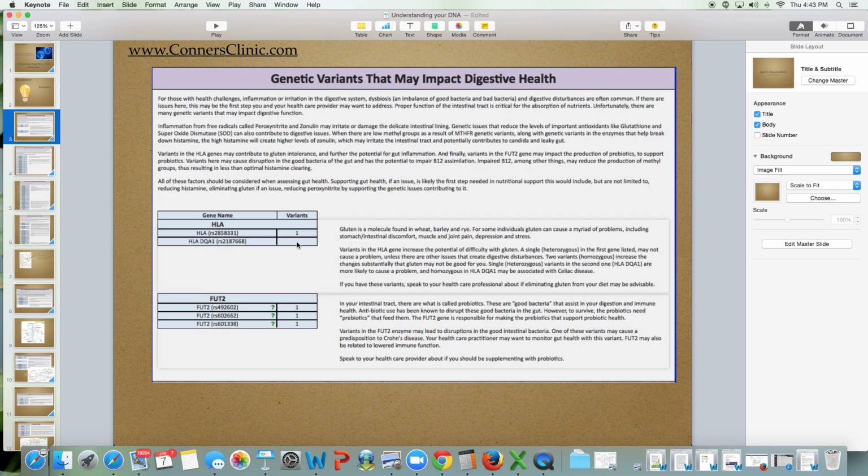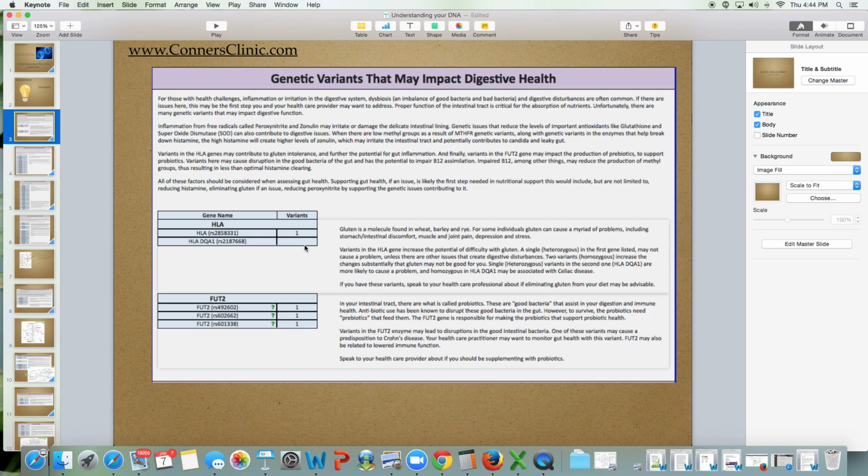So that would mean that this person inherited a normal, what's called a wild gene, from his mother and from his father, meaning he doesn't have any defects. In this first one where it says 1, that means this person inherited either a defective gene from his or her mother or his or her father. So this person has a single allele defect.